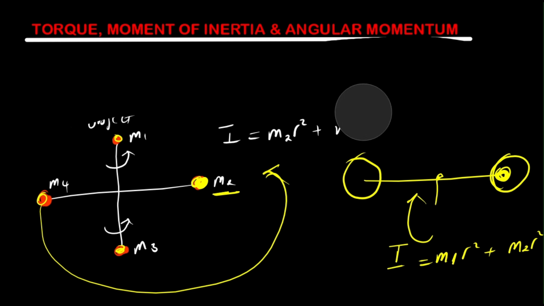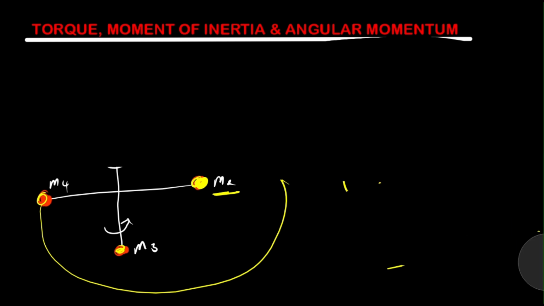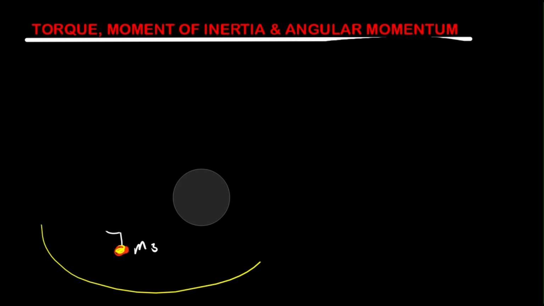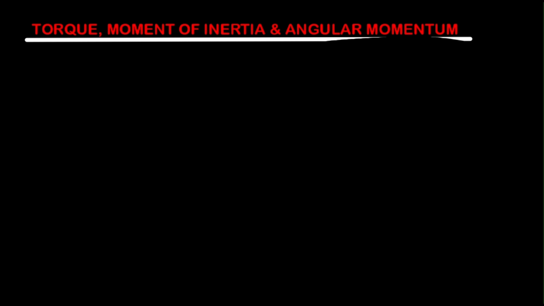Then the other thing that you need to take note of is the same torque. Now let's go back to torque. Torque is force times radius. And what is force? Force is mass times acceleration.